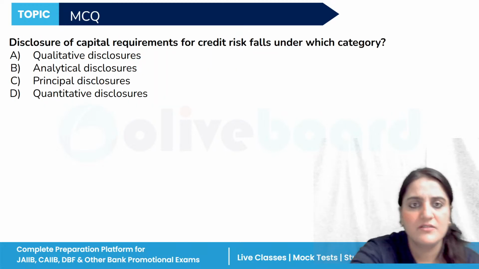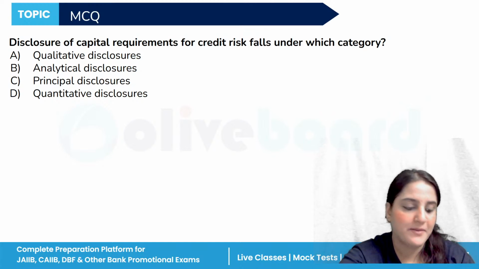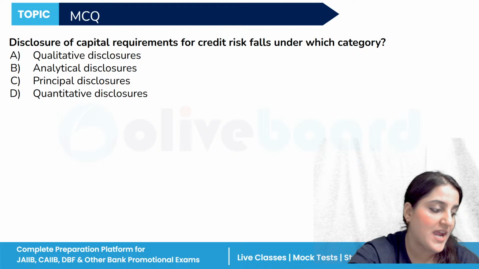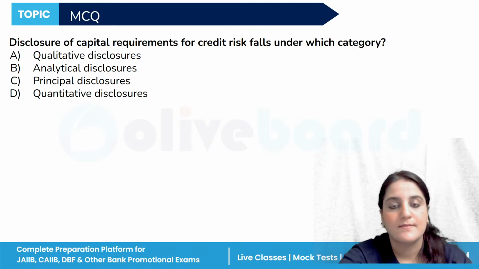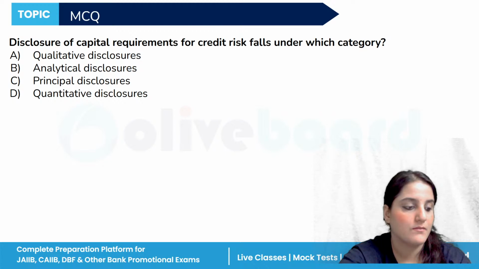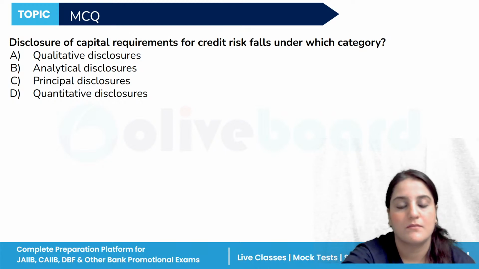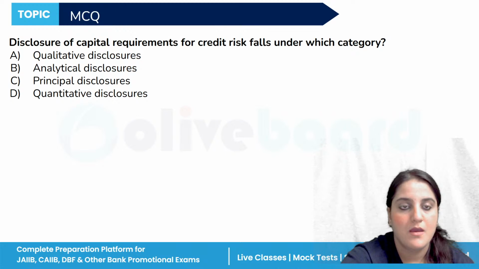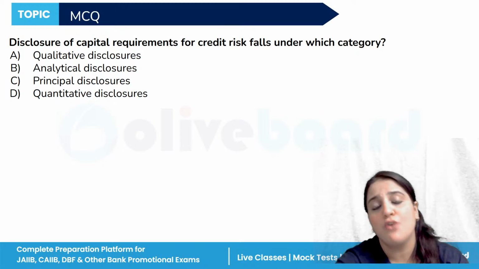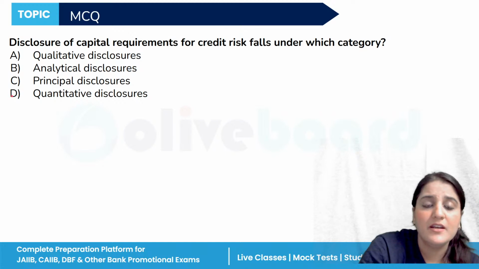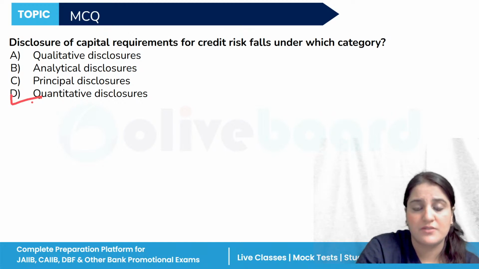If this question is done, disclosure of capital requirements for the credit risk falls under which category? Which category? Basically, disclosures of the capital requirement for the credit risk fall under quantitative disclosures. Why?